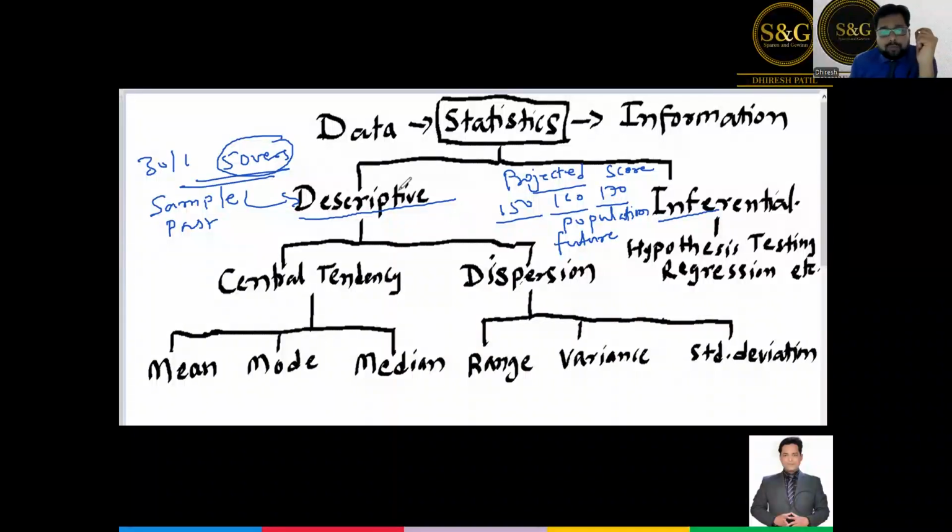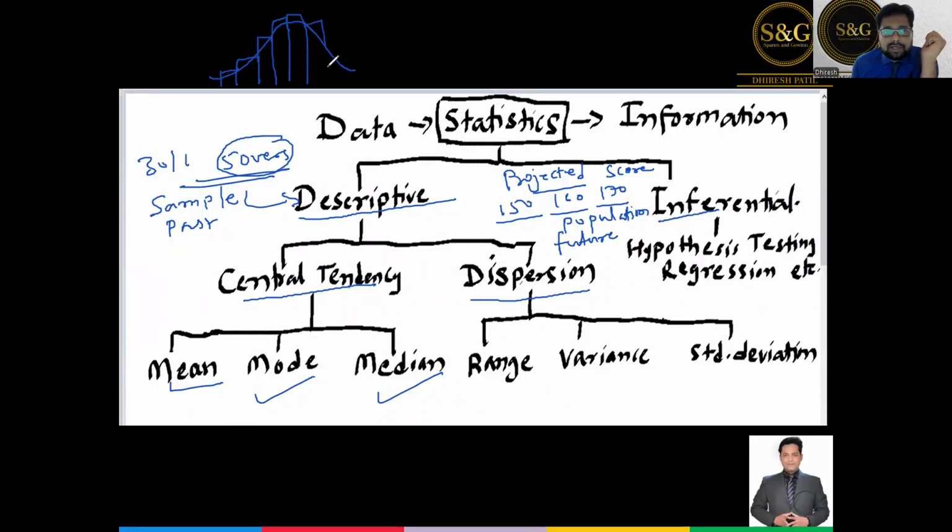Now, when it comes to descriptive, there are two things again. One is called central tendency and the other is called dispersion of the data. What is central tendency? Every data set, whatever data we are collecting, has a center of the data, which is measured by mean, mode, and median. Now if I draw a normal distribution curve, which basically comes out of a histogram, correct?